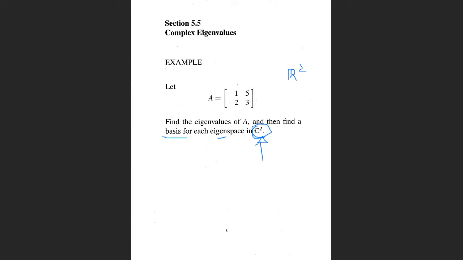So what's the first thing we need to do, class? What's the first thing we have to do to find the eigenvectors? Well, we have to find the eigenvalues. So let's go ahead and do that. Of course, we have to solve the characteristic equation.